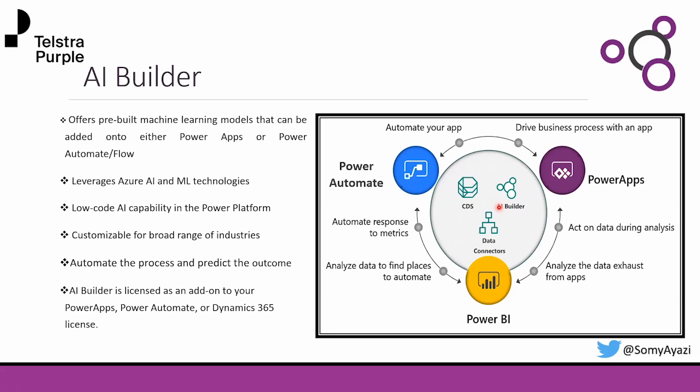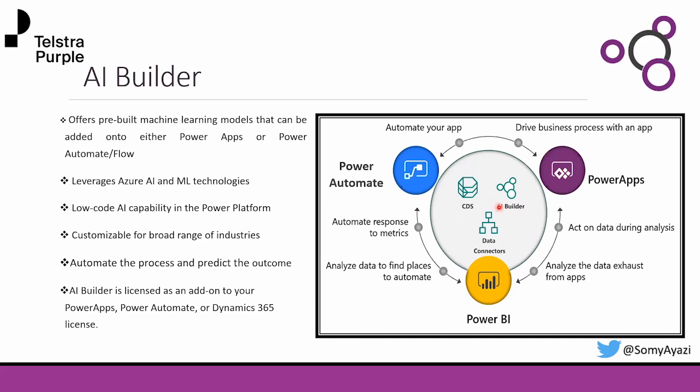The good thing about AI is everything is ready for you to use. Having said that, you have the options to customize and improve your model and improve your AI feature even within the Power Platform if you need to. So you can customize it, but there are predefined models that you can use as well.